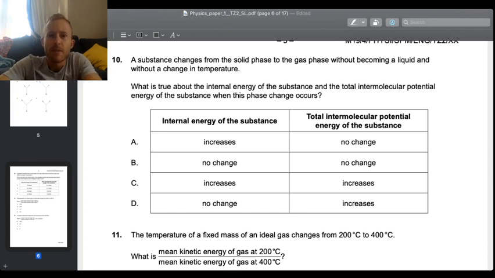So the thing you have to know is that just like when you get further away from the Earth, your gravitational potential energy increases. Okay? And if we think about going from solid to gas, the atoms are getting further apart. So that means there's an increase in potential energy. Okay? So the total intermolecular potential energy of the substance is going to increase.